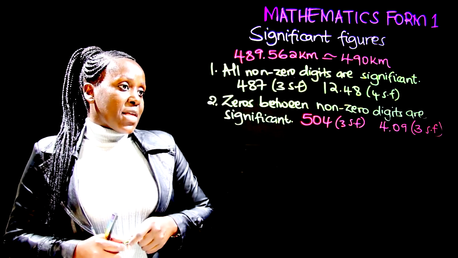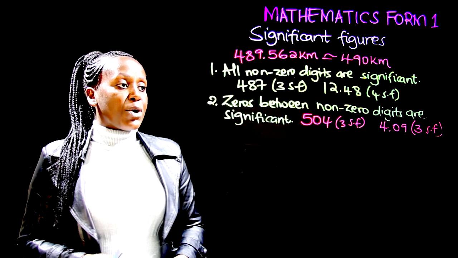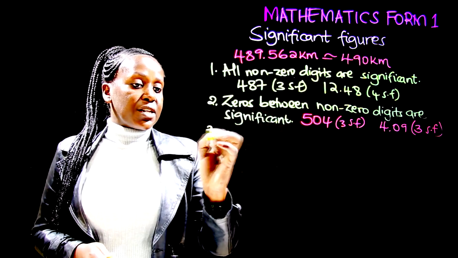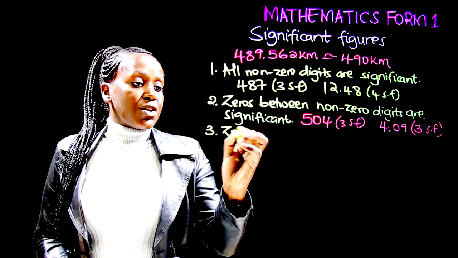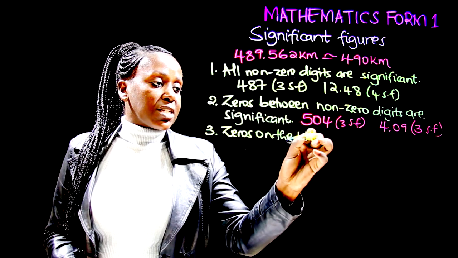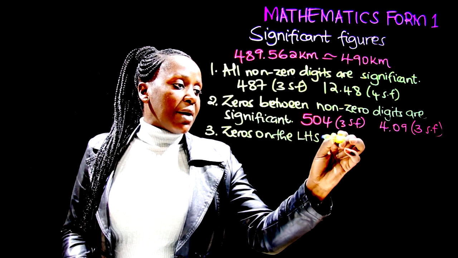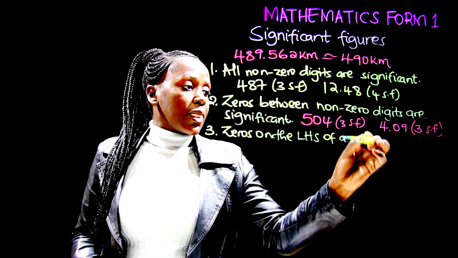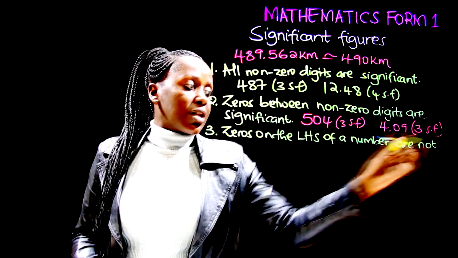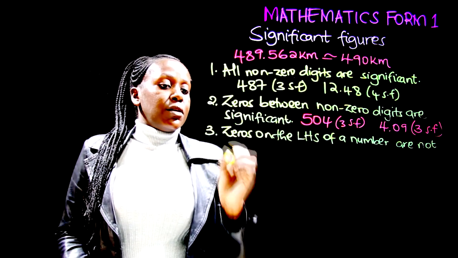Now, zeros that come on the left side of the number are not significant. So zeros on the left hand side of a number are not significant.